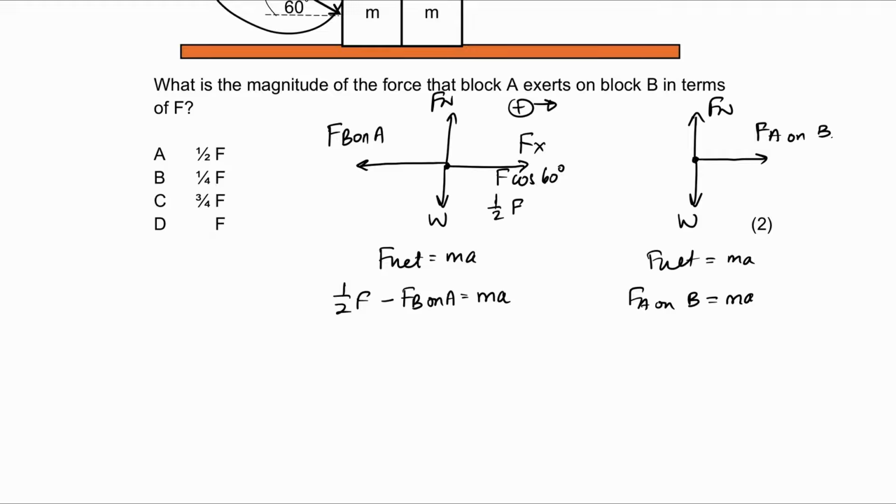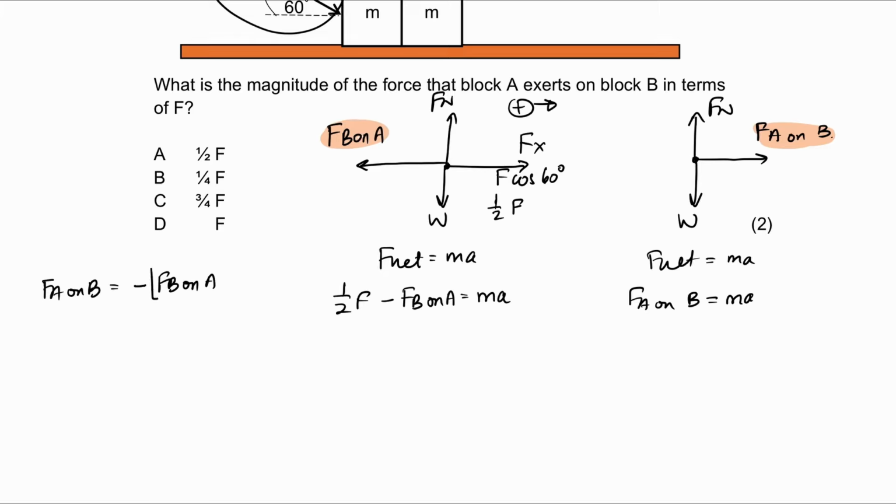Now, we know that because these are action-reaction forces, the force that B exerts on A is going to be equal to the force that A exerts on B, just in the opposite direction. So I can write that the force of A on B is equal to minus the force of B on A, implying that they are equal in magnitude but not in direction.